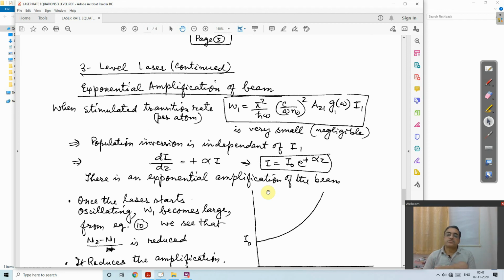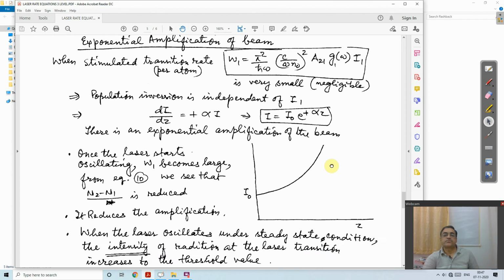I must be equal to I naught. Its solution is this thing, I naught e raised to plus alpha z. There is an exponential amplification of the beam.